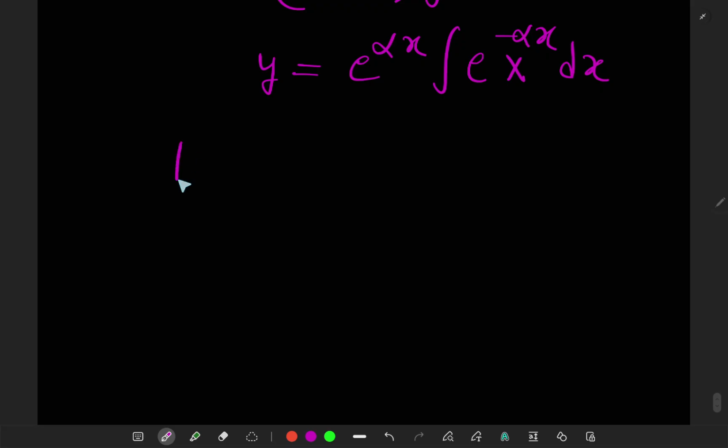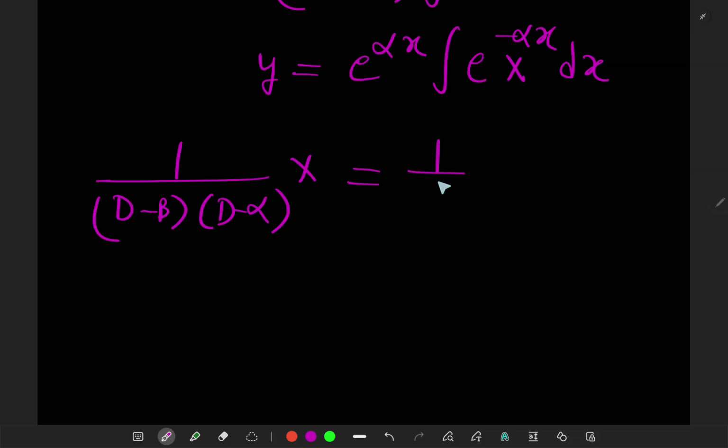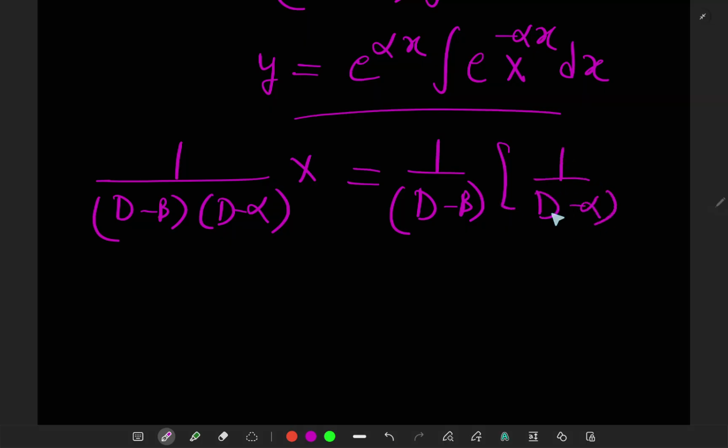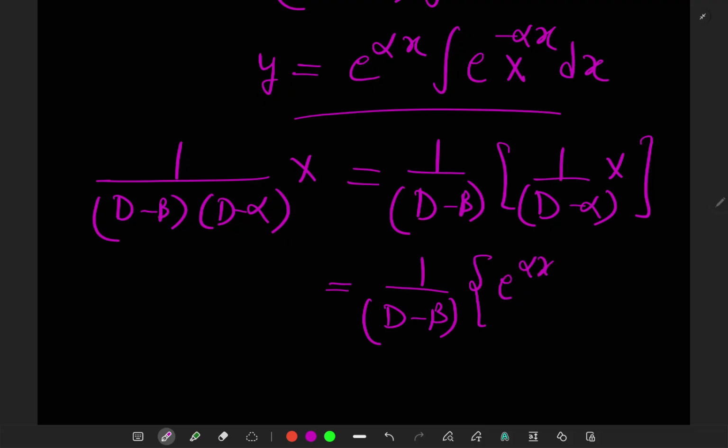For example, we can write here 1 upon (D minus beta)(D minus alpha). Beta is another factor of the given equation, so we can write here using this integration formula, e raised to power alpha x integral e raised to power minus alpha x into x dx.